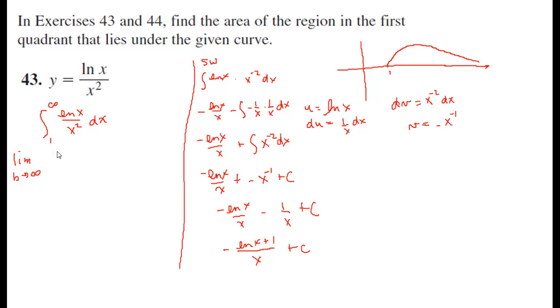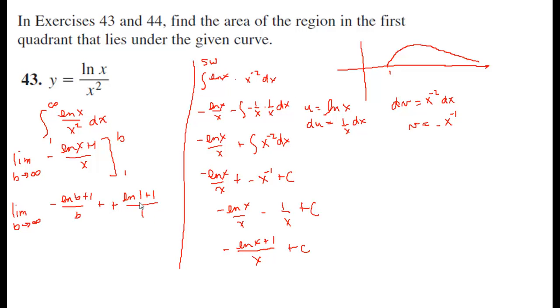limit notation and say that this is equal to negative natural log of x plus 1 over x as evaluated from 1 to b, or this is equal to the limit as b approaches infinity of negative natural log of b plus 1 over b minus a negative natural log of 1 plus 1 over 1.